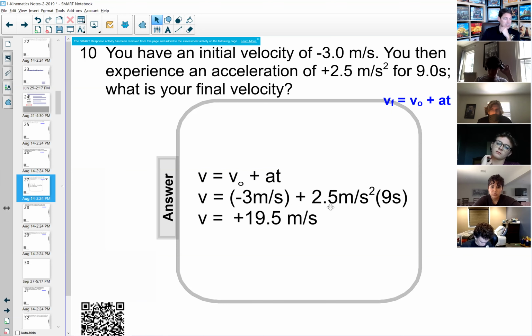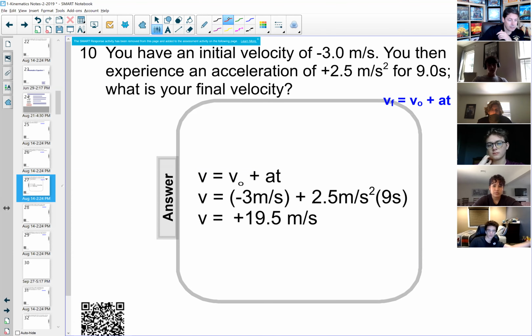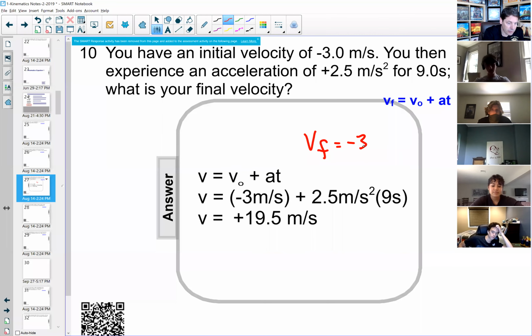Let's go ahead and do this one with sig figs too. This one's a little trickier, so this would be a good one to practice. So technically here, our final velocity is equal to negative 3.0 meters per second, right? Because they gave us a 0.0 in the problem.